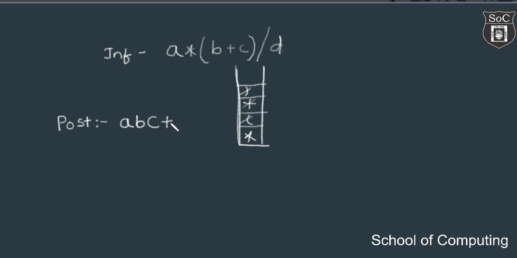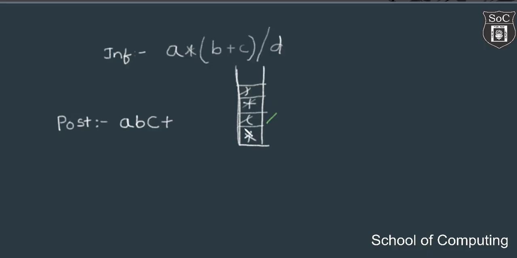Now what will happen after the closing parenthesis? The next symbol is slash. Can slash come and sit on top of the stack here? It's not allowed. Slash has equal precedence to star. The rule is that only operators with higher precedence can come and sit on star.